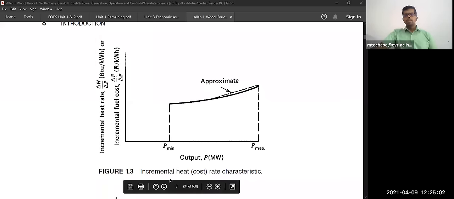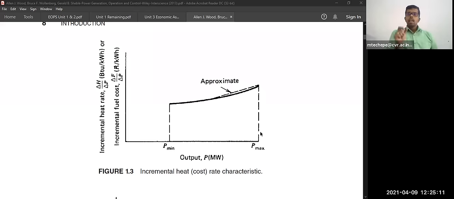So there are minimum and maximum power operating limits. If the generator operates between those limits, it will be good and the efficiency will also be good.